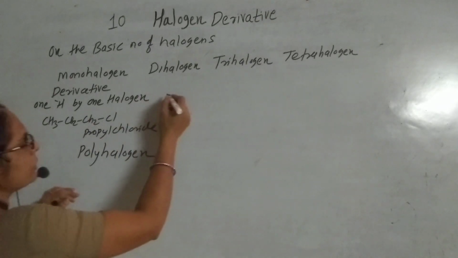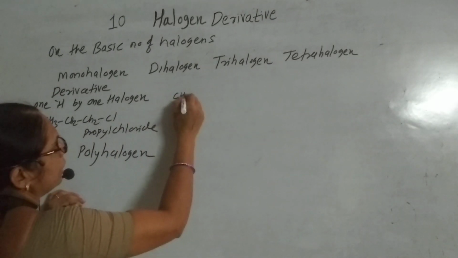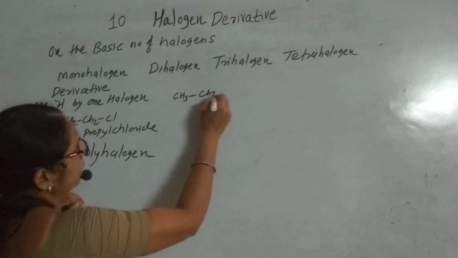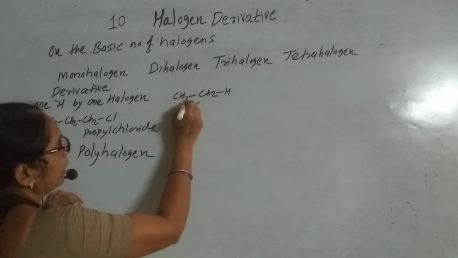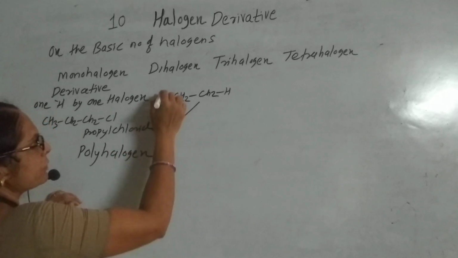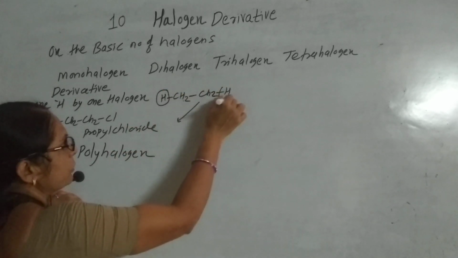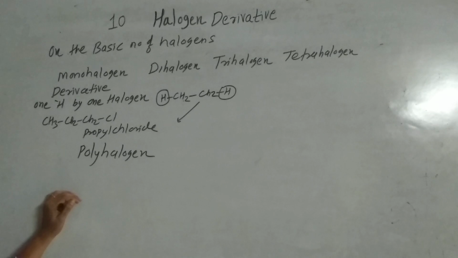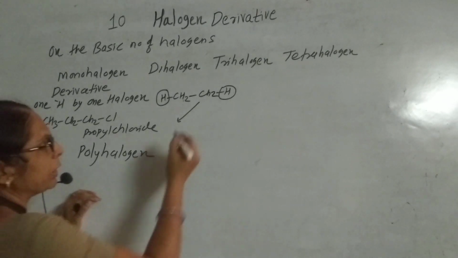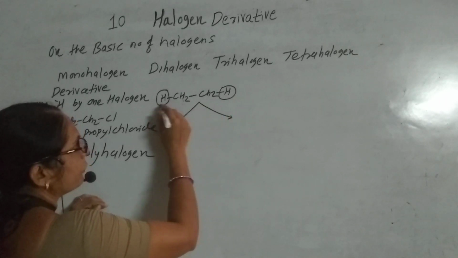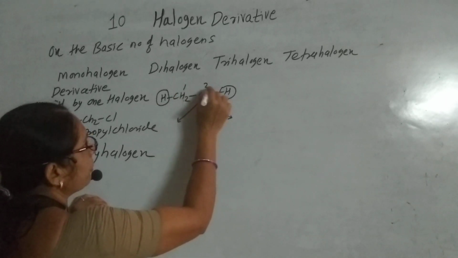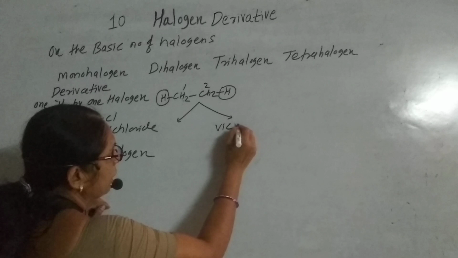In a dihalogen we consider, suppose I have the ethane. In the ethane, I have to replace two hydrogens, and the replacement of these two hydrogens is possible in two ways. Suppose I replace the two hydrogens from carbon 1 and 2, they are called vicinal.